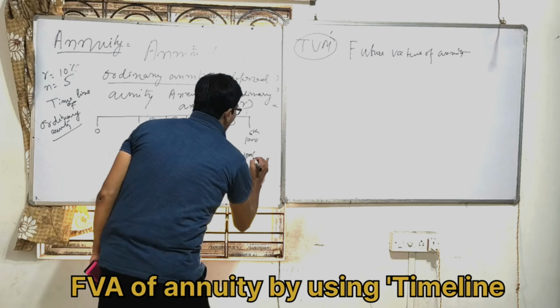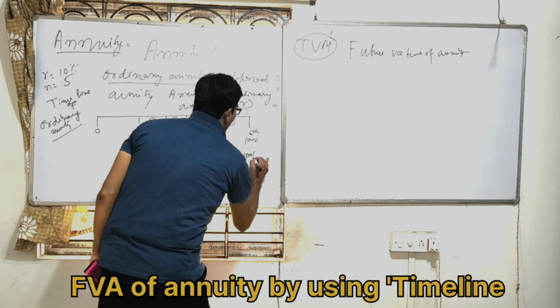And the fourth one will be compounded for 1 year only. This will be 1 year, this will be 2 years, this will be 3 years, and this will be compounded for 1 year.